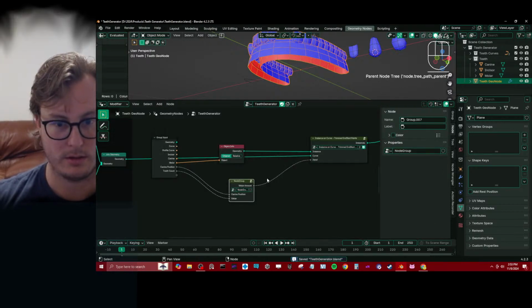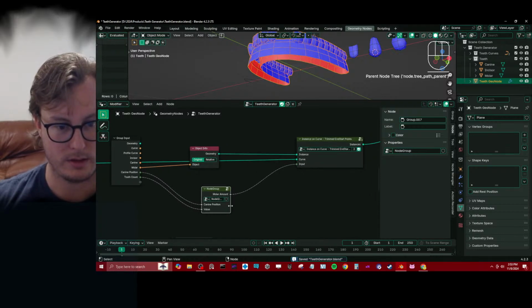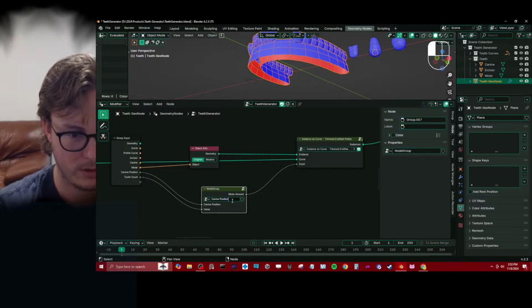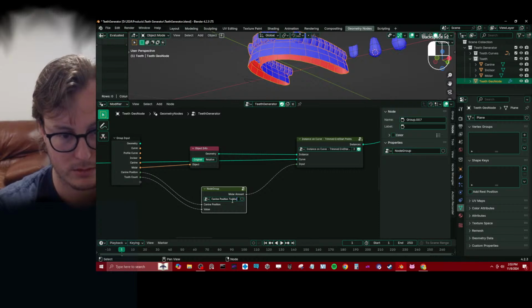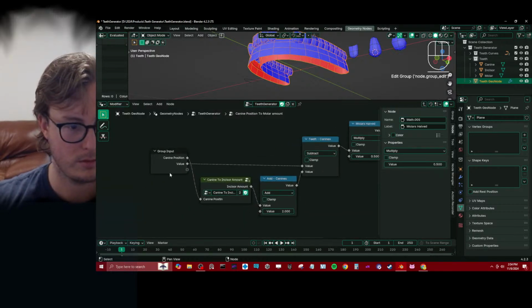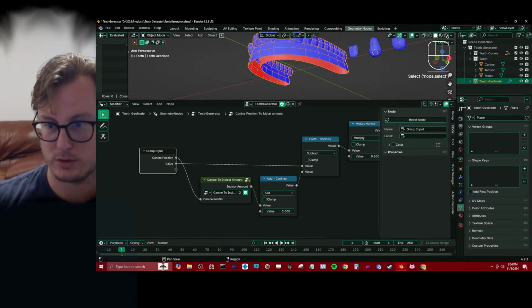All right, and this one is canine position to molar amount. This should also be.